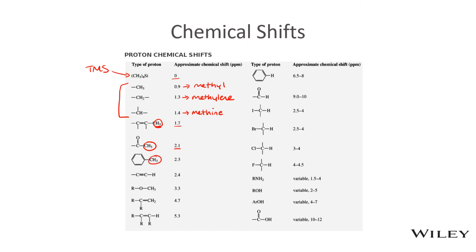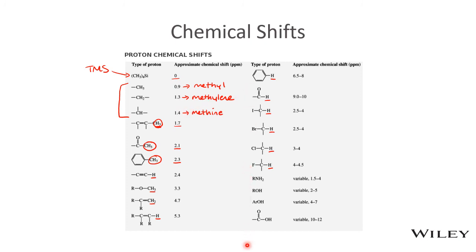Having a methyl group attached to a benzene ring would have a chemical shift of around 2.3. So for each of these chemical shifts, we're focusing on all of the hydrogens that are shown. So you can go ahead and underline them or circle them because that's what we are going to be focusing on.